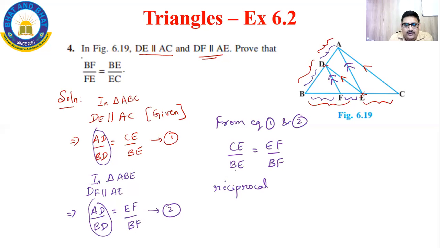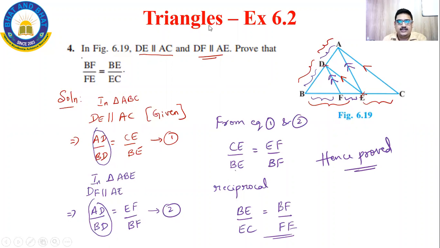So taking reciprocal, what do I get? BE by CE, I will write it as EC, is equal to BF by EF, I will write it as FE. So this is what is required. Hence, proved.